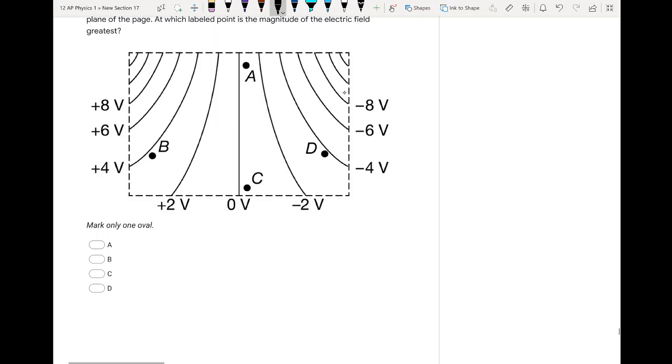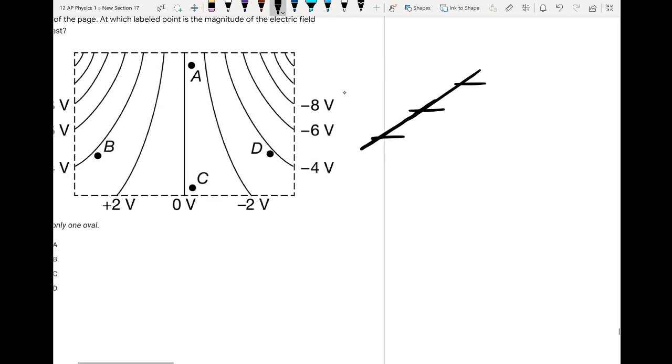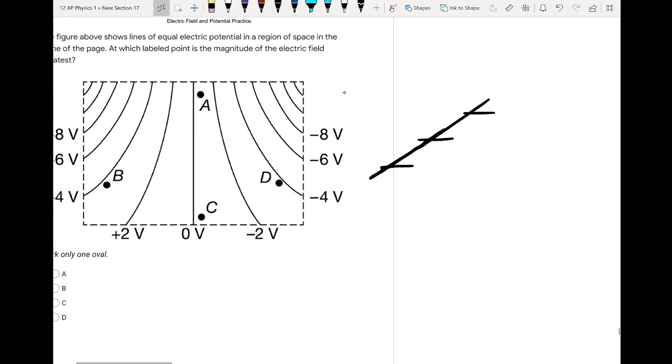If we have a really shallow ascent, we have pretty spaced out isolines. If they're spaced out, there's not that big of a change in energy.